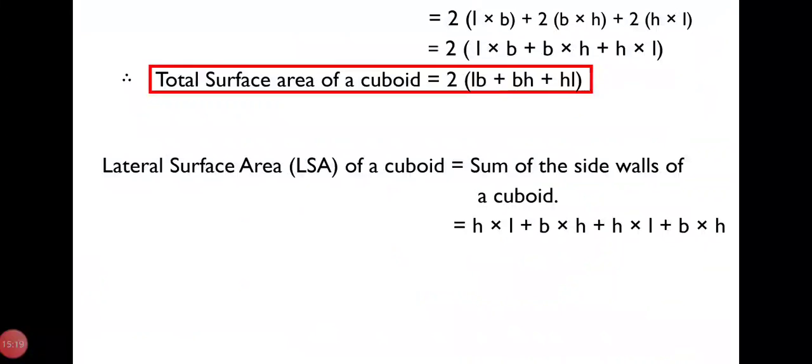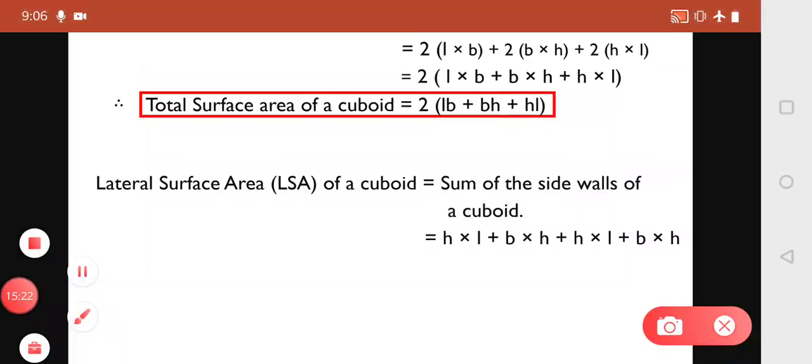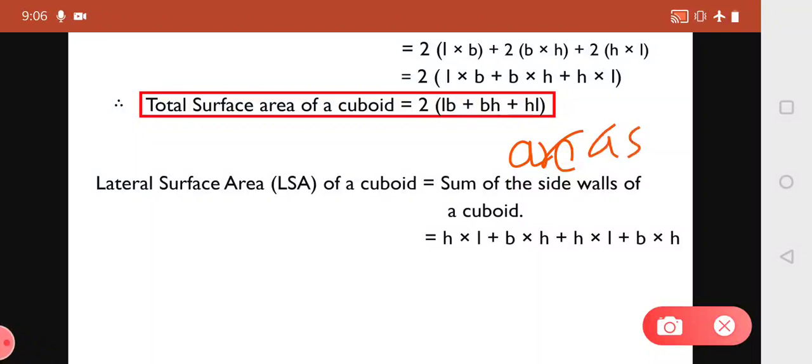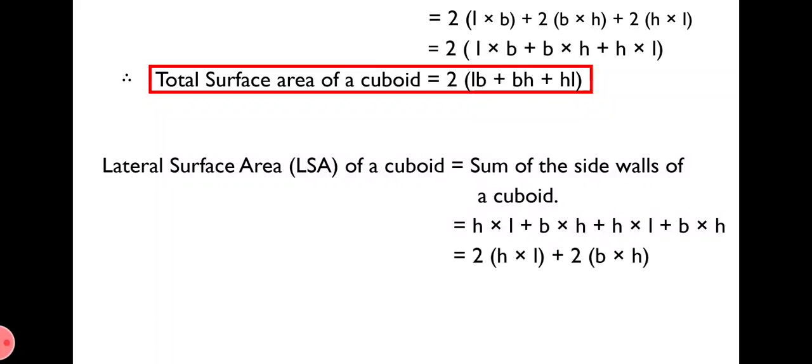So the four side walls are height into length, breadth into height, height into length, and again breadth into height. You can see breadth into height is 2 times, and height into length is also 2 times. So solving, we get twice height into length plus twice breadth into height.